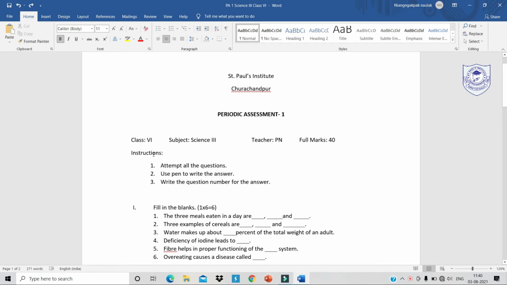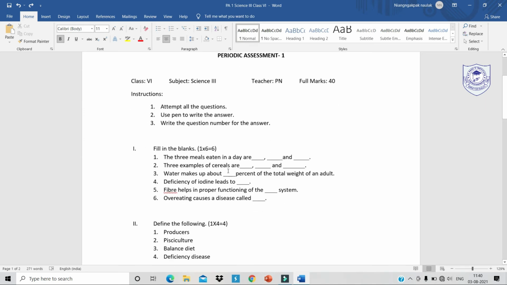Many of you are not reading the instructions, and so some of you are using pencil instead of pen, and some of you misplaced the question number. For example, in place of question number 5, you're writing answers of question number 6. So you must avoid this type of mistake.